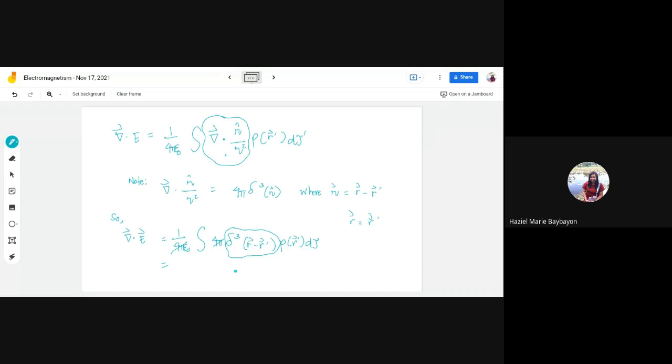Therefore, what remains, class? We have rho over epsilon naught. So the divergence of E is equal to rho over epsilon naught, which is exactly the same as the differential form of Gauss' law.